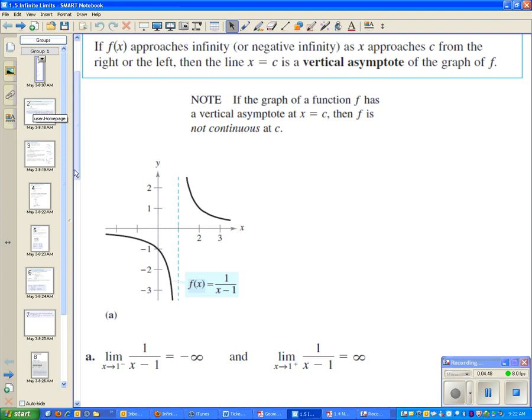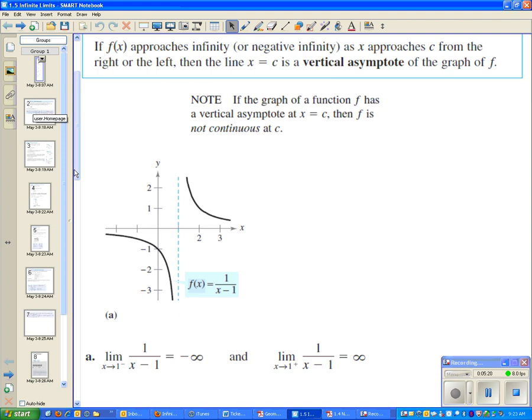It's got to be, okay? And in fact, it's a non-removable discontinuity at the asymptote. So, if the graph of a function f has a vertical asymptote at x equals c, then f is not continuous at c. So whenever the limit equals infinity or negative infinity, and it's a vertical asymptote, then the function is not continuous there. Okay?